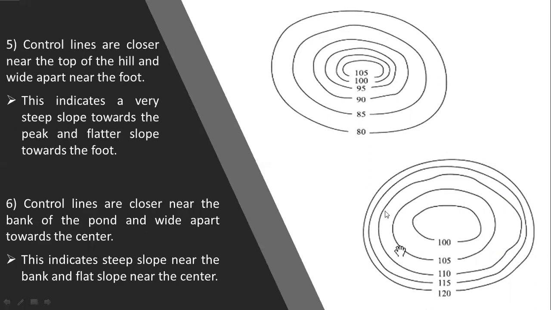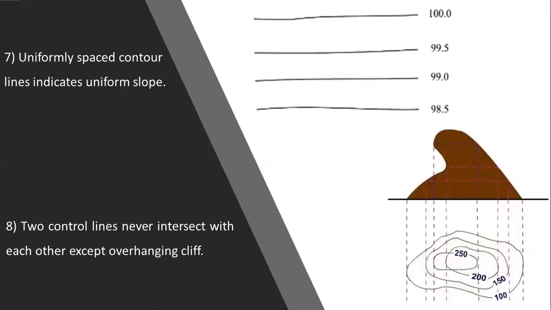Contour lines are closer near the bank of a pond and wide apart toward the center. This indicates a steep slope near the bank and a flat slope near the center. From the reading, we can say whether the contour indicates a valley or a hill.